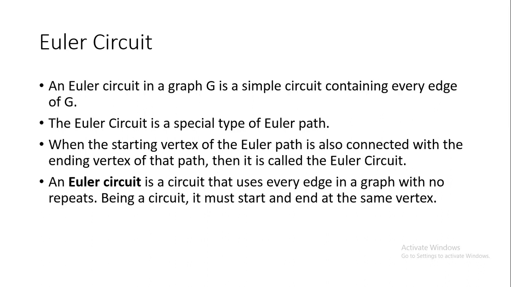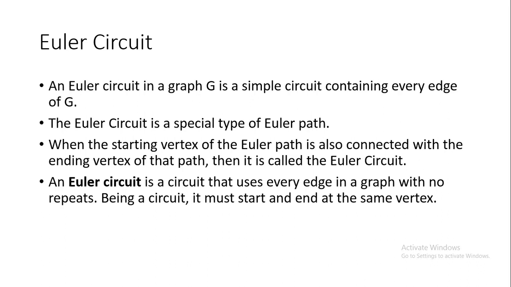Next, see here the Euler circuit. An Euler circuit in a graph G is a simple circuit containing every edge of G. See here again there is the word simple circuit. Understood? In the case of the Euler path, we said that an Euler path in a graph G is a simple path.